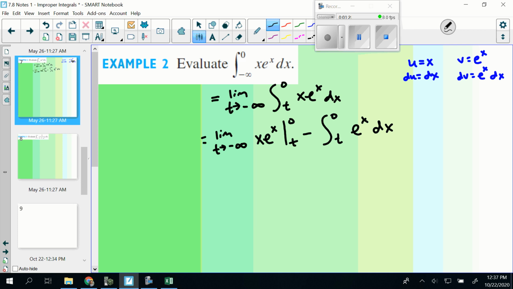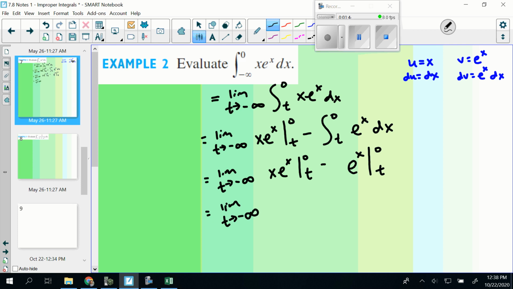We can now do that remaining integral pretty easily. The antiderivative of e to the x is just e to the x, evaluated at 0 and t. So now we're putting in 0 and t and seeing what we get.